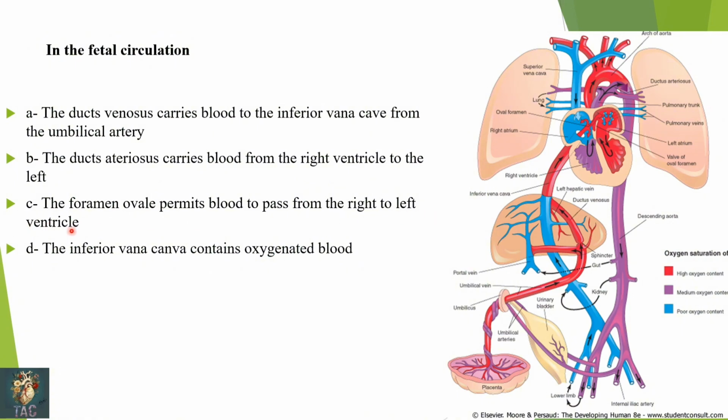No, it is from the right to the left atrium. Inferior vena cava contains oxygenated blood. Yes, it contains oxygenated blood, and ductus arteriosus is non-contractile. Again, it is not true. The ductus arteriosus is contractile in nature. So correct answer is D.